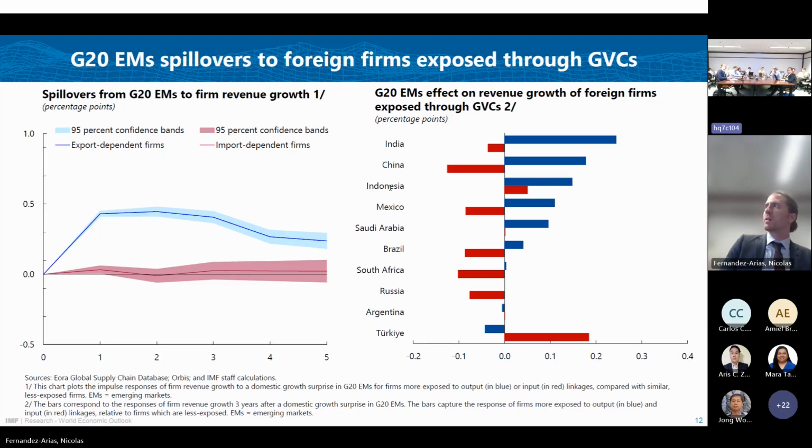At the same time, it could represent increased competition as firms in G20 emerging markets enter into new products that compete with the firms that they previously supplied. So this is the net of two effects, and in some cases the second dominates, particularly at a longer horizon, like China and Mexico, for example. Turkey is the opposite.